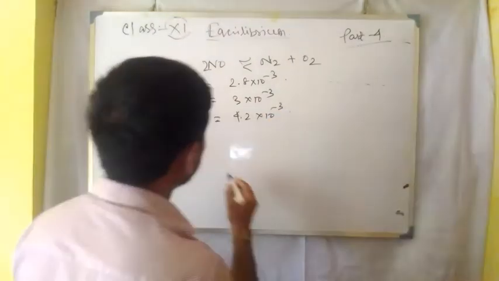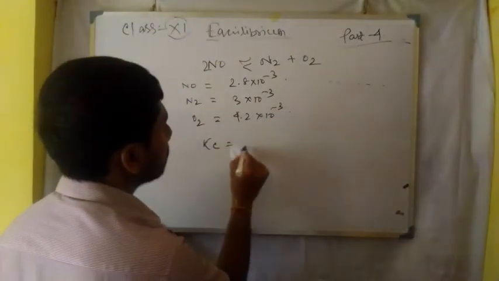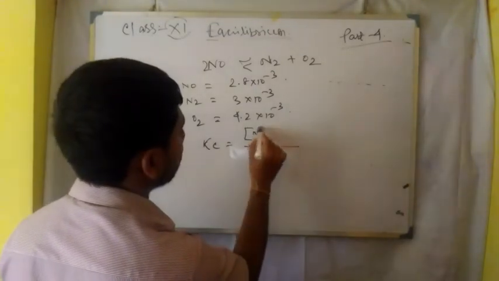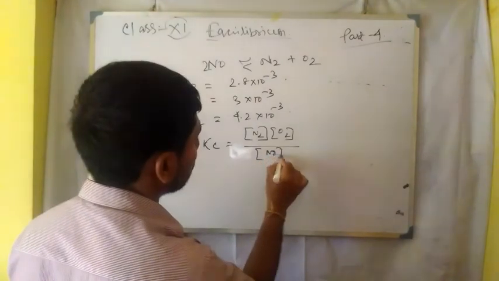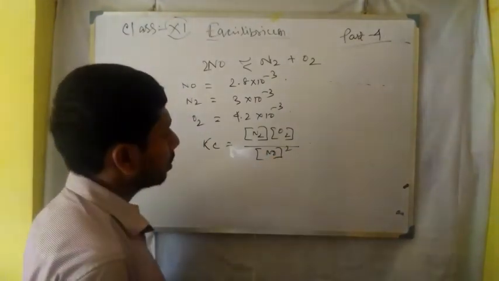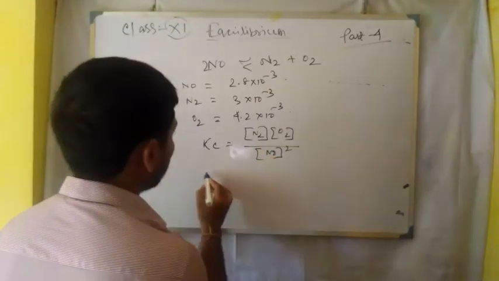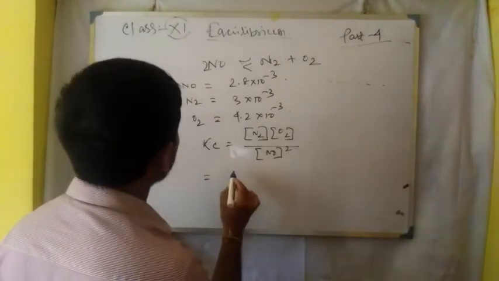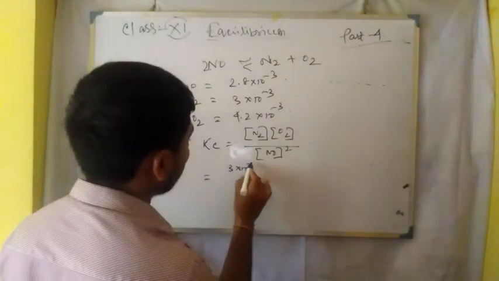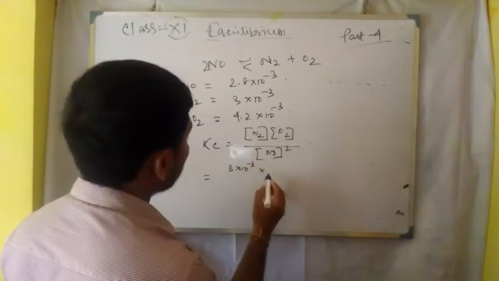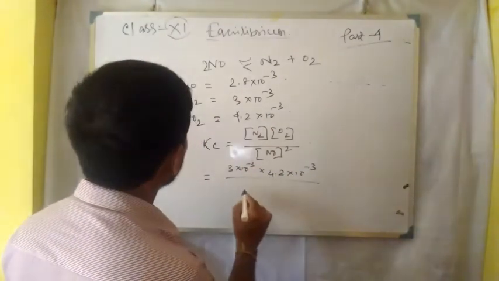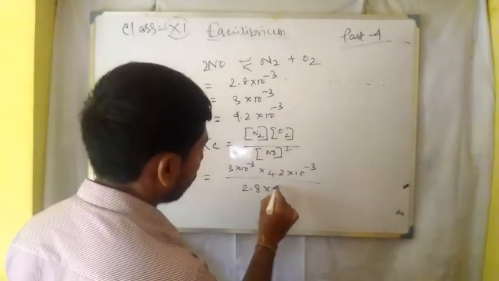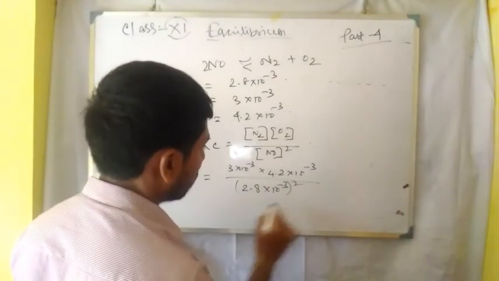Now calculate the equilibrium constant. Kc for this reaction is equal to concentration of nitrogen into concentration of oxygen divided by concentration of NO whole square. Now putting the values: 3 into 10 to the power minus 3 into 4.2 into 10 to the power minus 3, divided by 2.8 into 10 to the power minus 3 whole square.